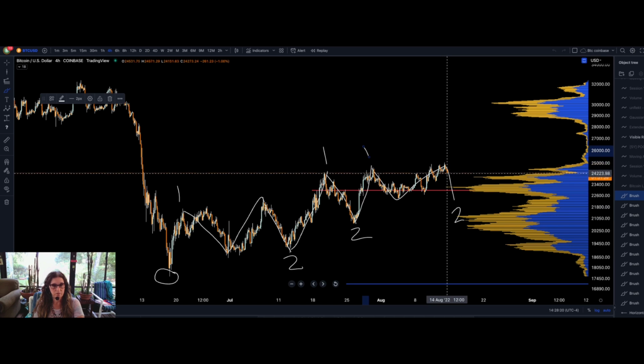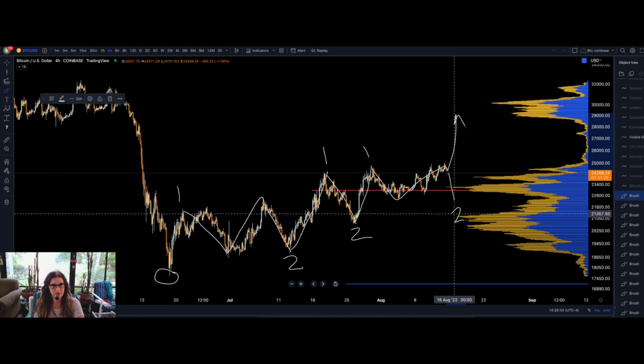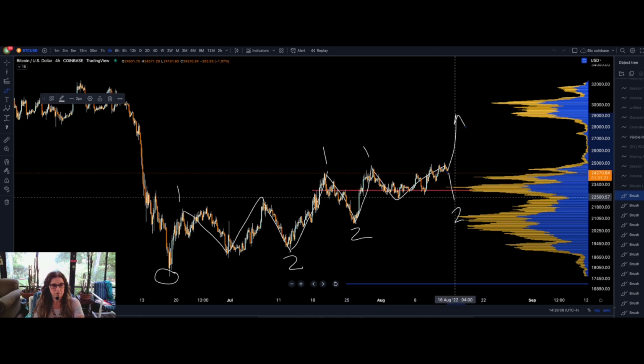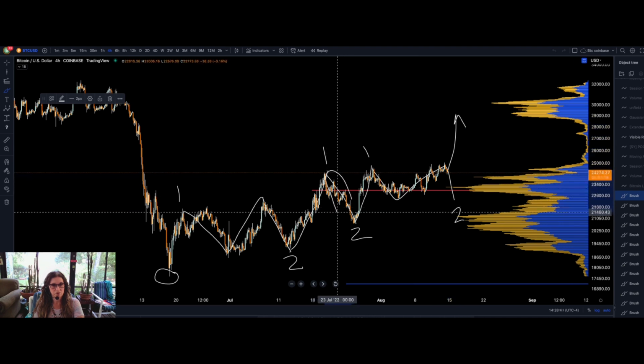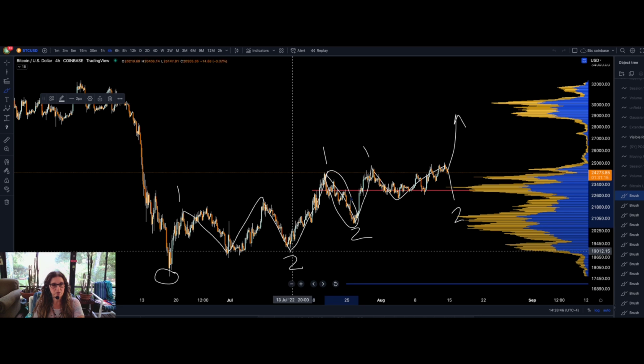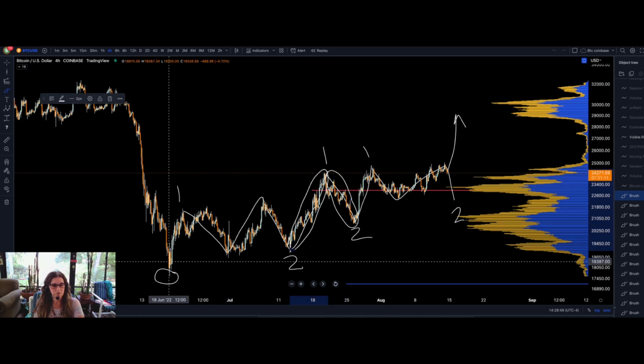That's assuming we're not rocket shipping now. If we're going to come down again, this is how big the 2 wave is going to be. Compared to this one, it's much bigger. And this 1 wave is much bigger than this one.